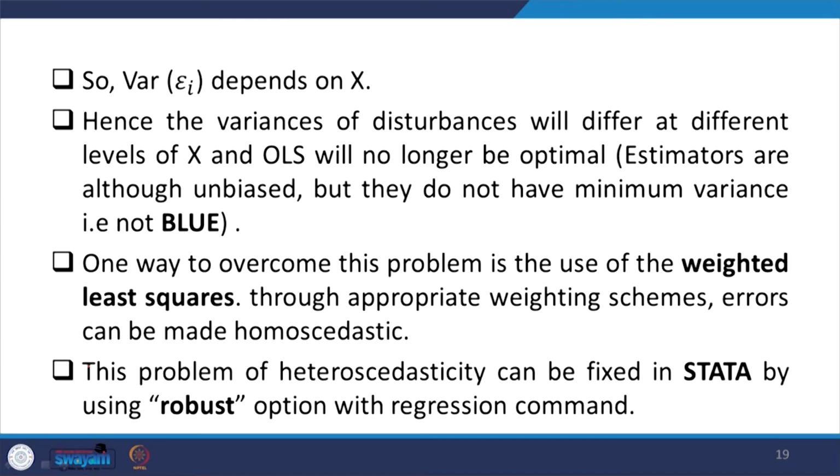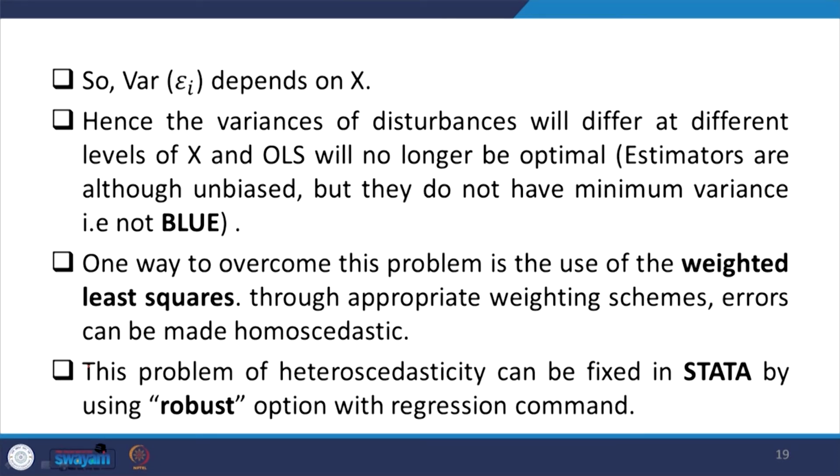Now, one way to overcome this problem is the use of the weighted least squares method. I think WLS is famously known. So, the weighted least squares method can erase some of these problems. Through weighting schemes, the error can actually be made homoscedastic.